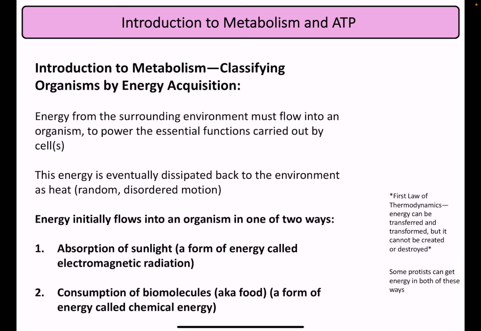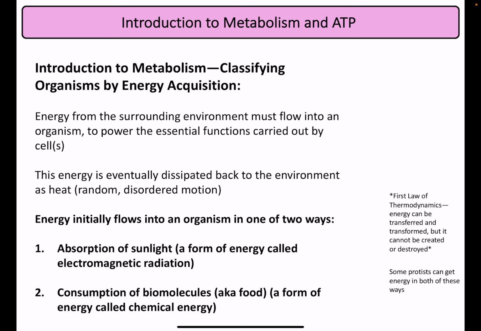So there are two general ways that energy enters a living thing from the environment. The first way is that an organism can absorb radiation, basically visible light from the sun, and somehow harness and convert that energy into food, like carbohydrates, for instance. These organisms that are able to absorb sunlight energy undergo a process called photosynthesis.